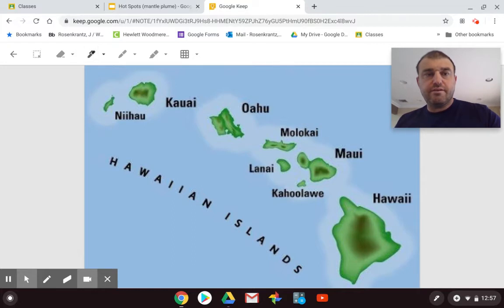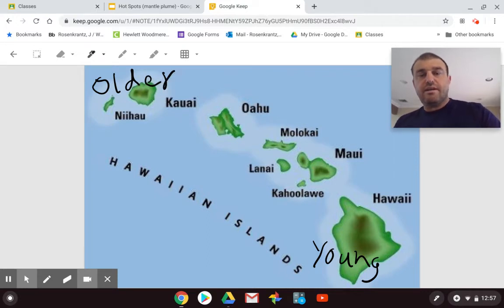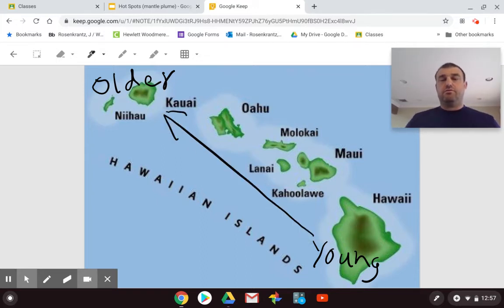Okay, we're going to write down young. And over here, you'll write down older. And then I just want you to draw an arrow from the biggest island pointing towards the smaller islands.